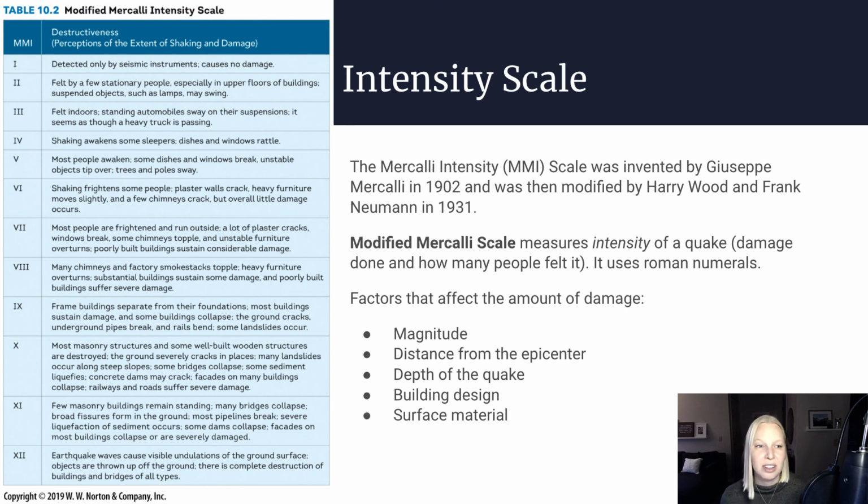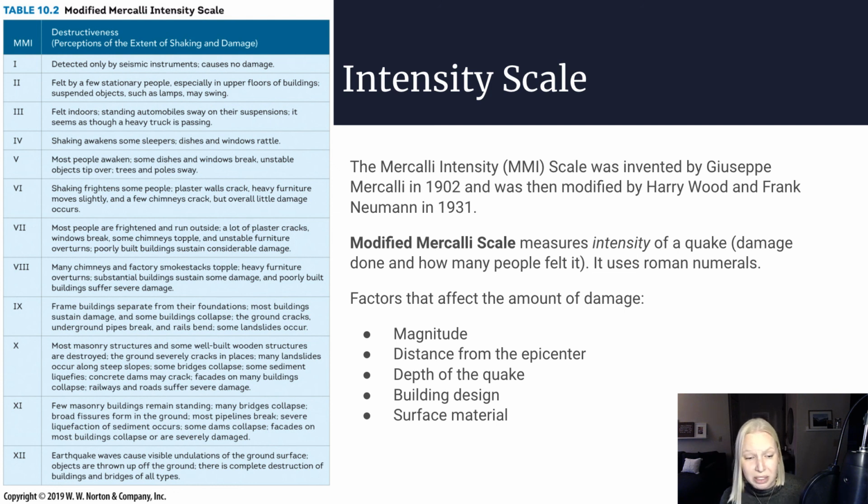At the higher end of the Modified Mercalli Scale, there are notes that say masonry structures and wooden structures were destroyed. The ground was severely cracked in places. There were landslides. Maybe dams collapsed.